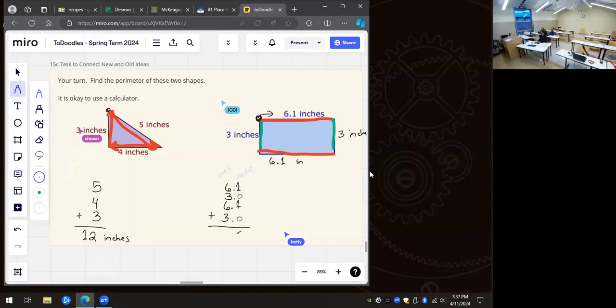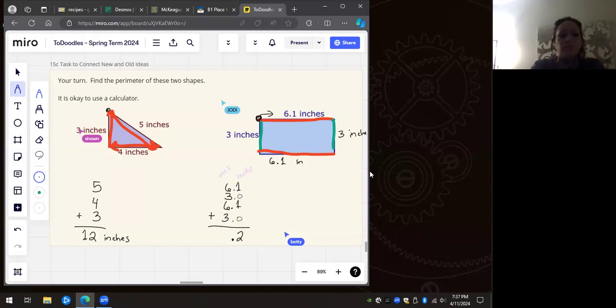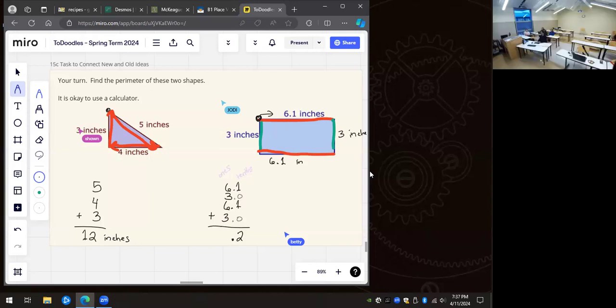Okay, 1 and 1 is 2. The decimal point goes straight down. 6 and 3 is 9. Another 6 is 15. And then 3 more is 18. So 18.2 inches. That's what I got.